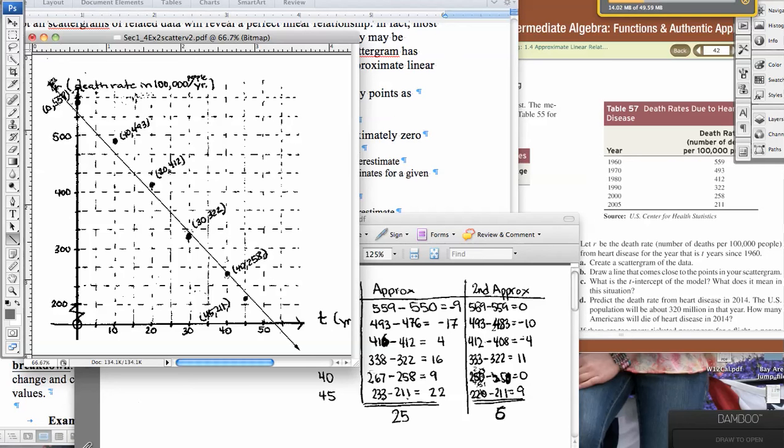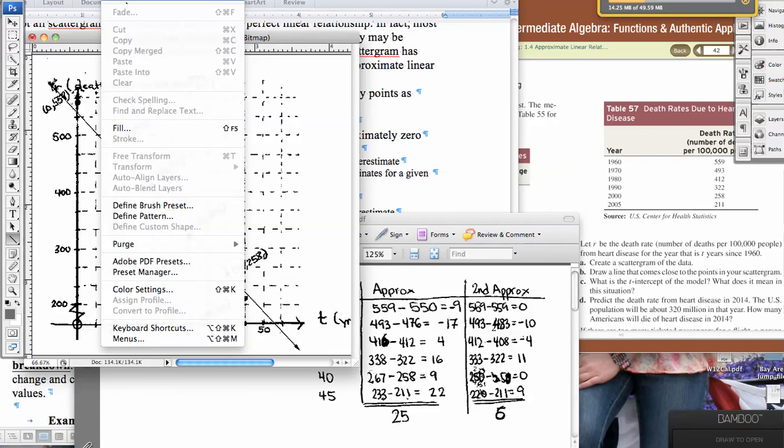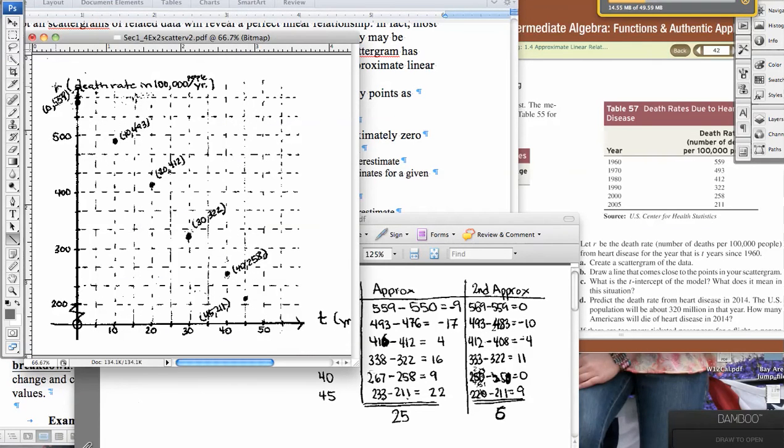It looks like I can't, so I'm just going to undo that a couple of times and get rid of it. Okay, so there we go, and I'm going to go up here and down there. This is fairly close to what I did before.